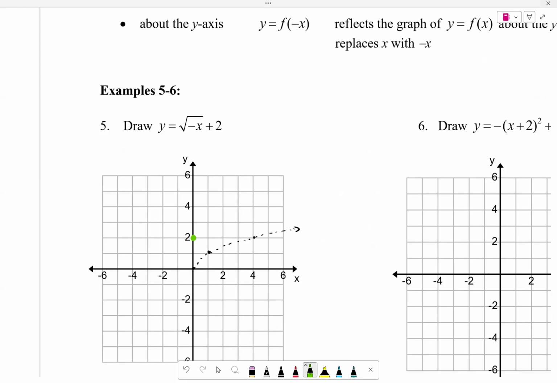It flips over to right here where you can see my cursor, and then up 2. 4, 2 is going to flip to, I'm sorry, -4, and then go up 2. So -4. It was here, and then up 2. Do you have those same 3 points? Let's see what the shape looks like.